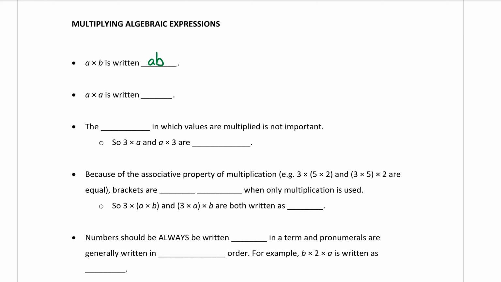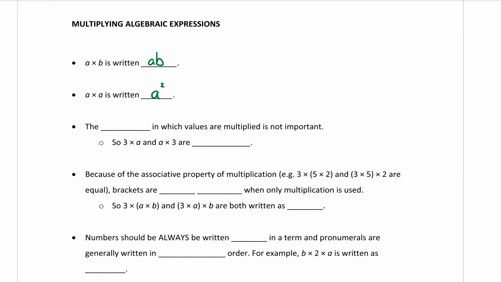If the letter happens to be the same letter that it's multiplied with, A times A, we don't want to write that as AA. A better way to write that using indices is A squared, because that means the same number multiplied by itself. If you had three of them, A times A times A, that would become A cubed, and so on.